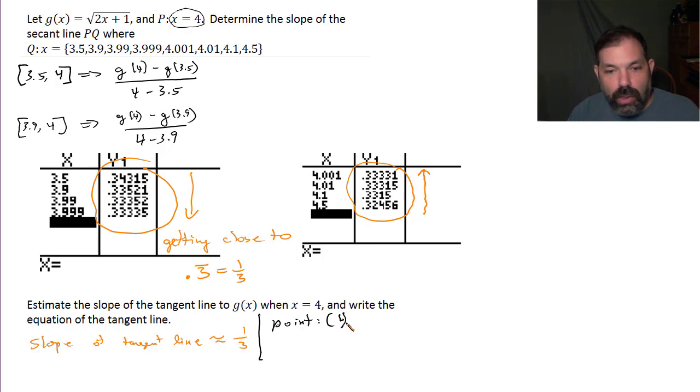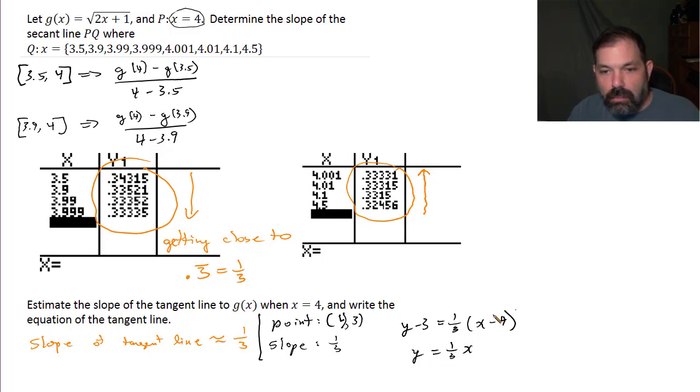So we had the point (4, 3) and the slope 1/3. So we could write y minus 3 is 1/3 times x minus 4. Or in slope-intercept form, y equals 1/3 x minus 4/3 plus 9/3, because 3 is 9/3, so that would be plus 5/3, I think.